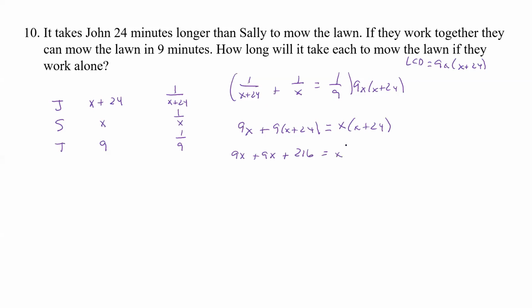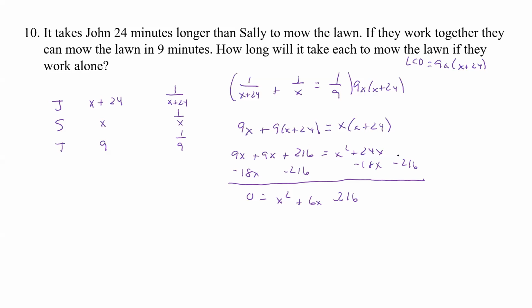That's equal to x squared plus 24x. So now we're going to subtract 18x and subtract 216 from both sides. And that's going to give us 0 equals x squared plus 6x minus 216.